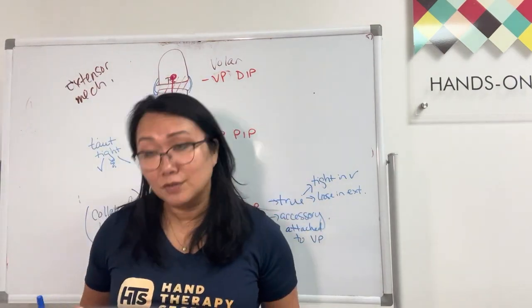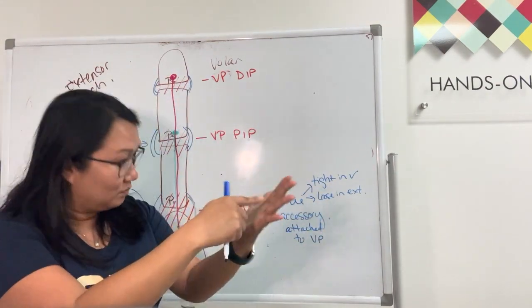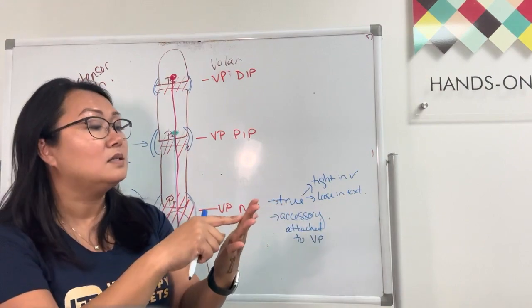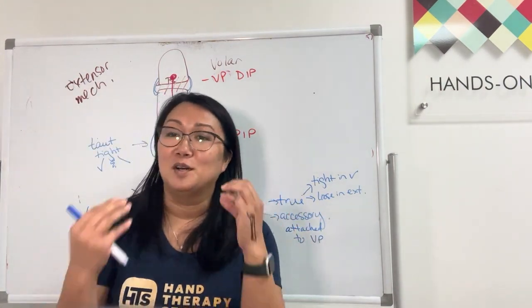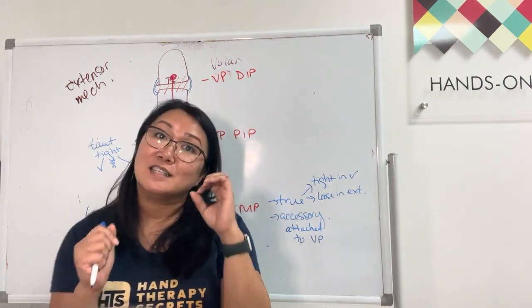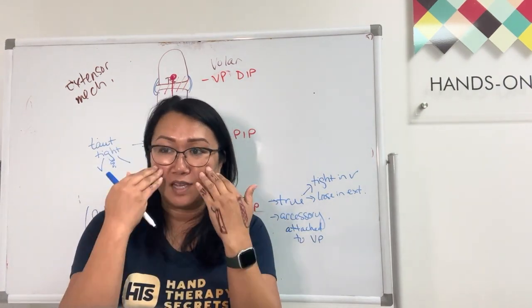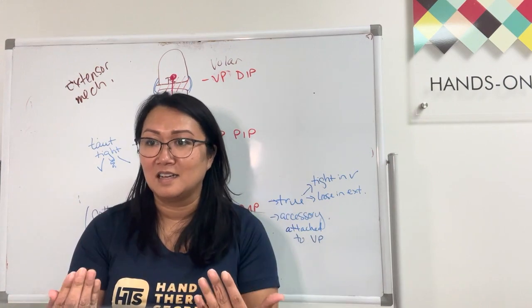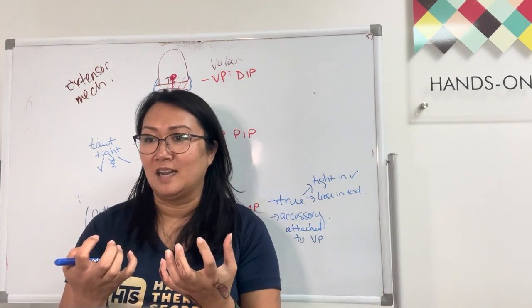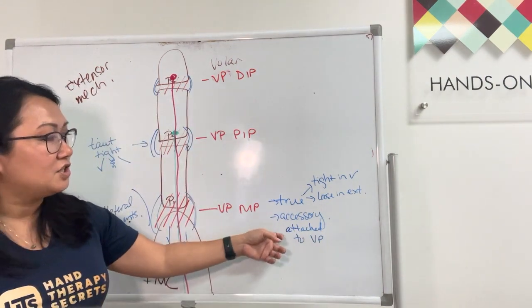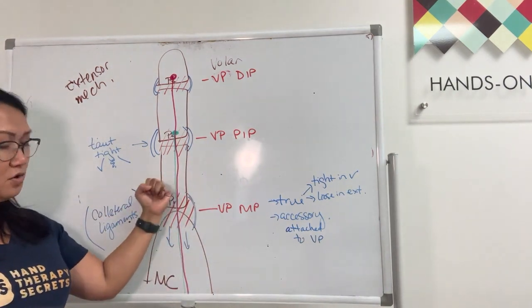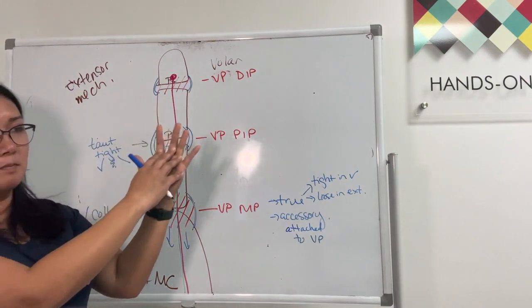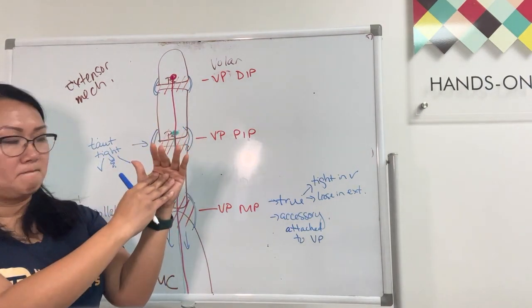Dude, this is what I do. Distal, proximal. Distal, proximal. It will help you make sense of stuff, and then it slows you down on the exam. You get that visual and kinesthetic understanding, okay? So the accessory, you go into flexion, the volar plate moves proximally, right?